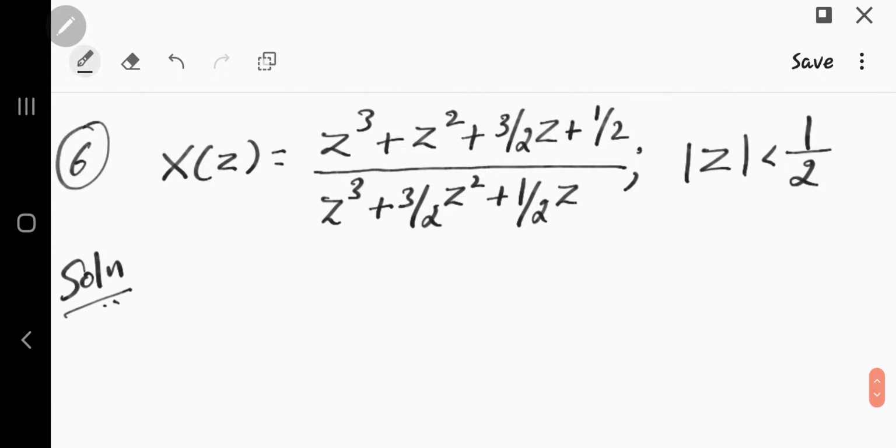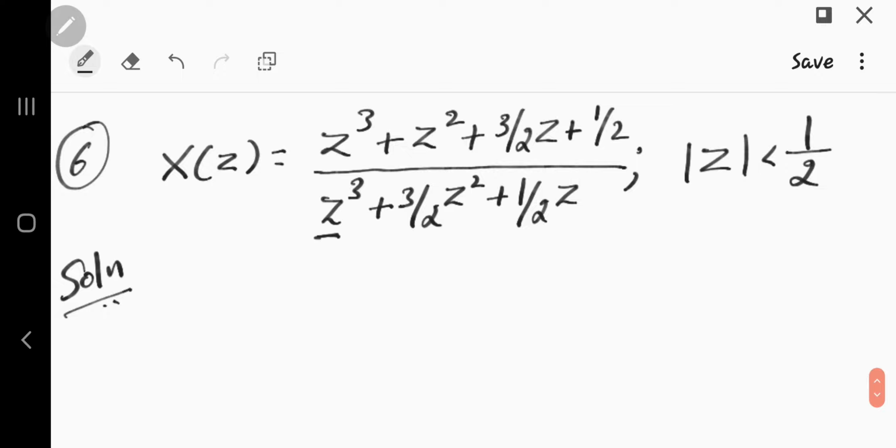So in this one, you can see the powers are positive, and observe both the numerator and denominator. We have to bring it to the standard form so that we can apply the partial fraction expansion. So that means this term should become 1 here.